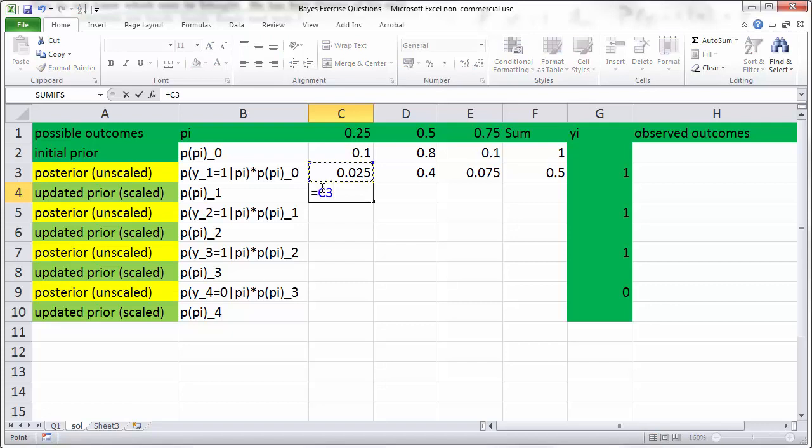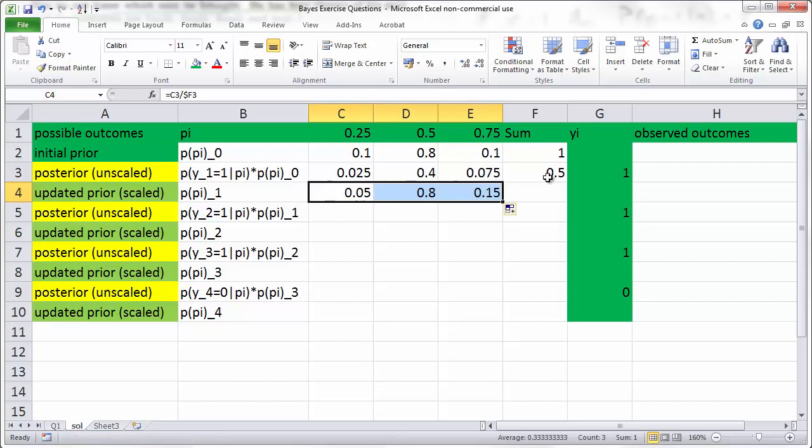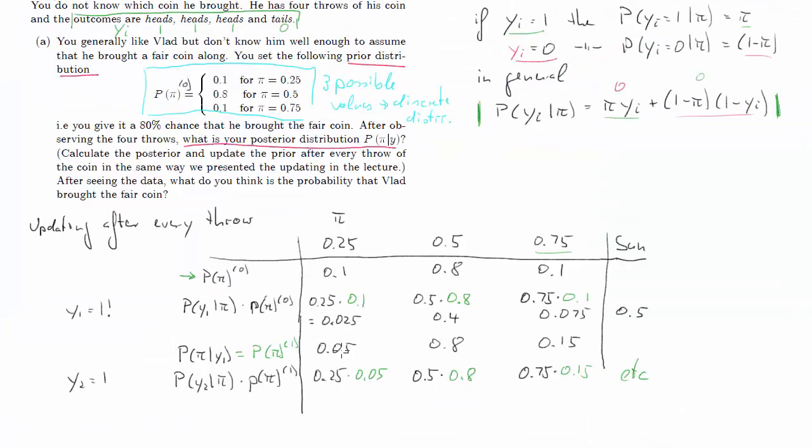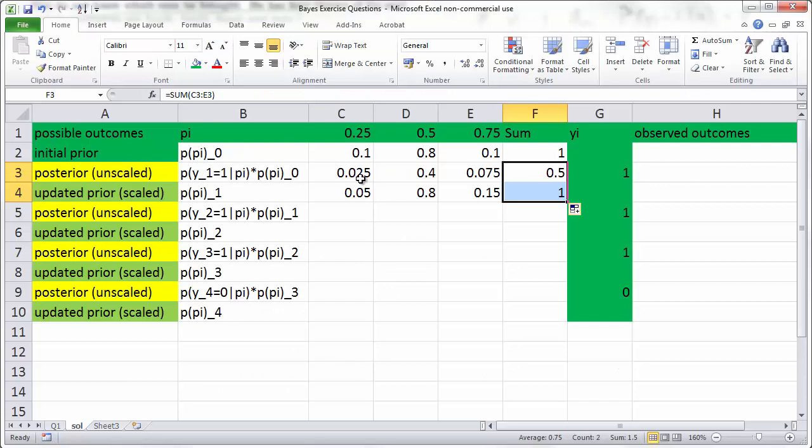And then we need to scale this, so we just divide by 0.5, which is the same as multiplying by 2. And we do that for all the values, and that ensures that our new probabilities sum to 1. So that was the posterior after the first throw, and that's exactly the same as the one which we calculated by hand. 5%, 80%, and 15%.